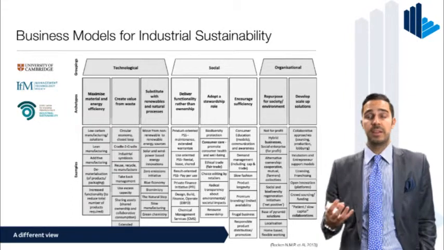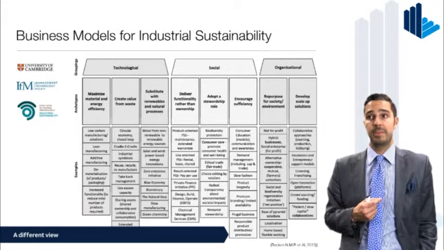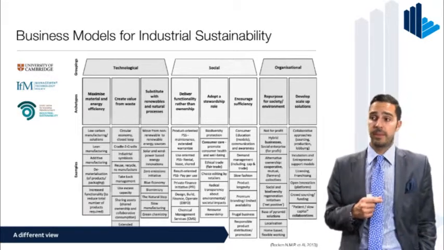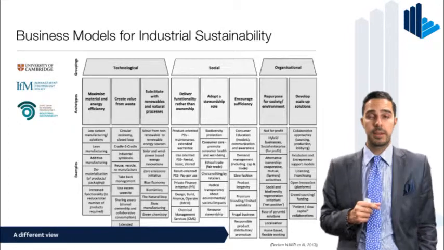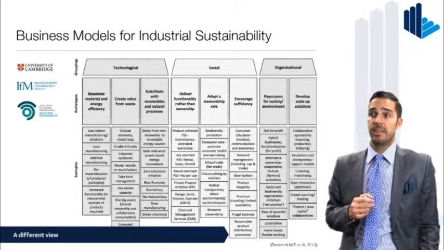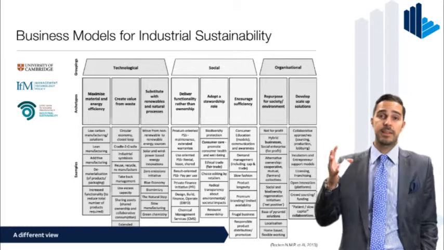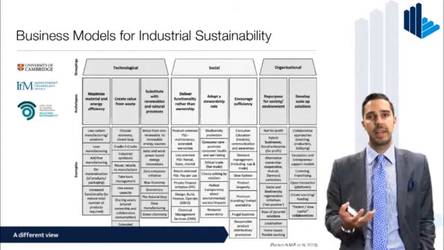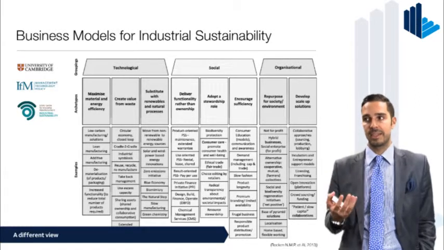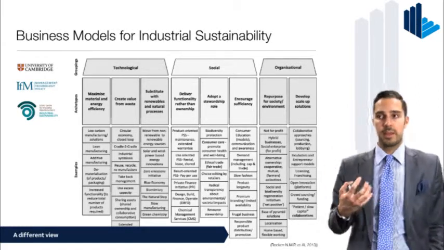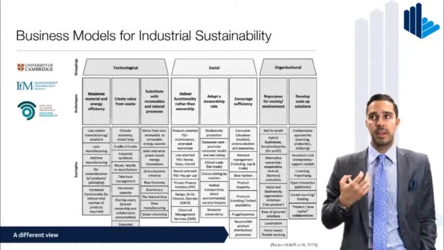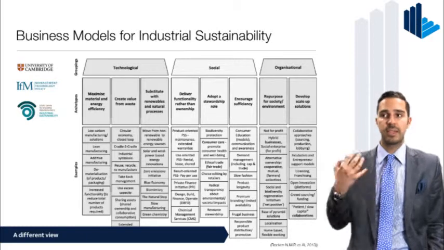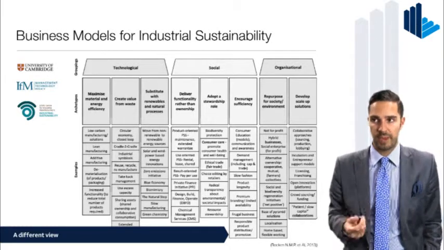Recently they published a paper, cited in this slide, that highlights different business models that can be used to plan industrial activities. And of course, these business models for sustainability take into consideration different perspectives.